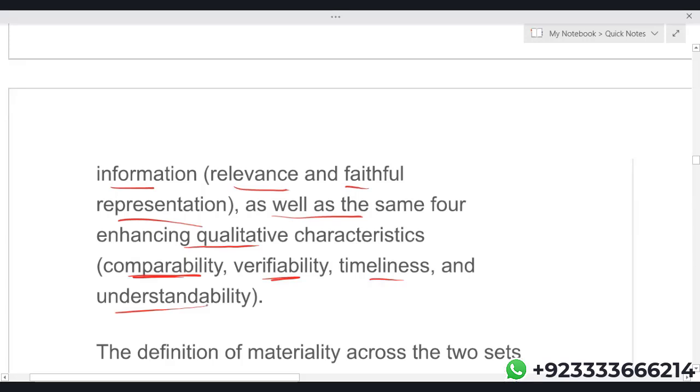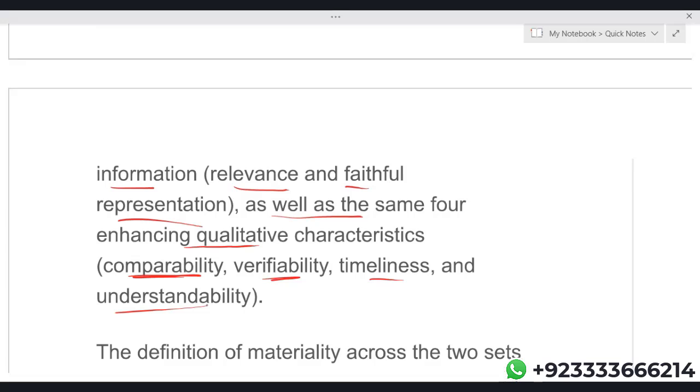Obviously, if the information is not relevant, then what is the benefit? For example, if we are in the tobacco industry, the information which is relevant for us might not be relevant for any other industry.